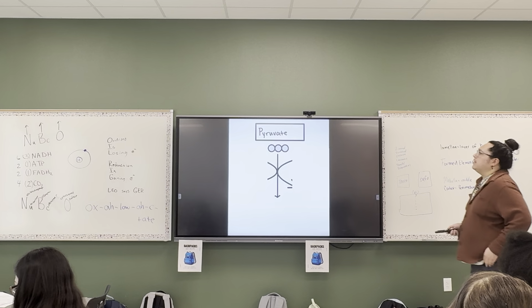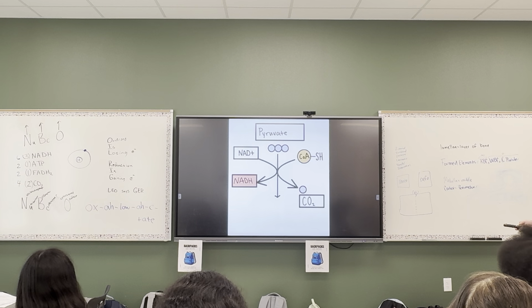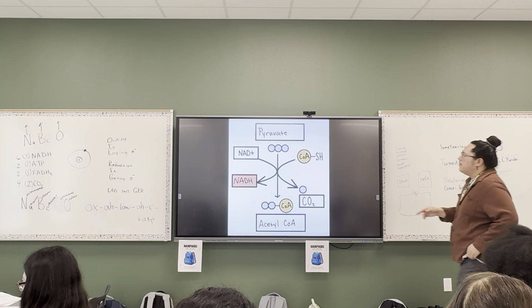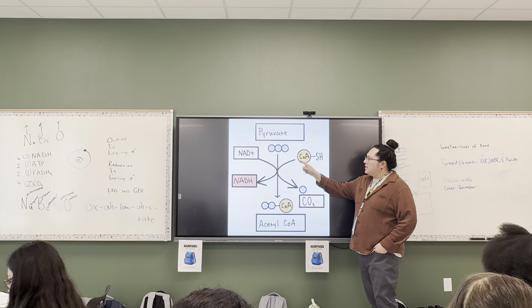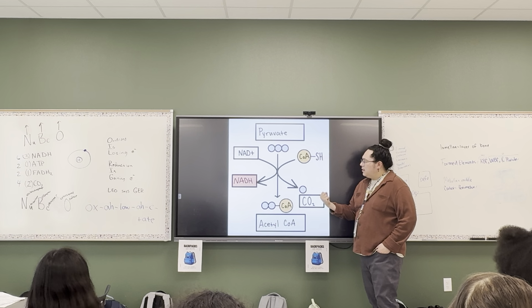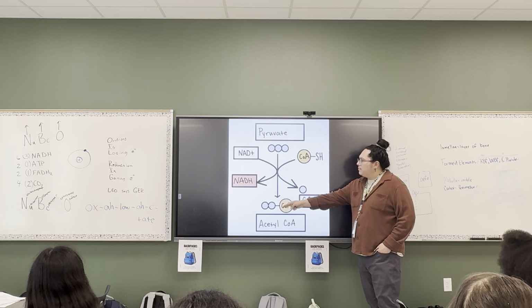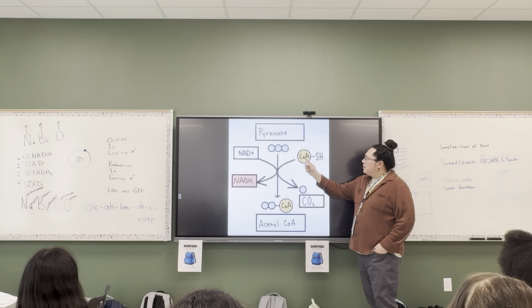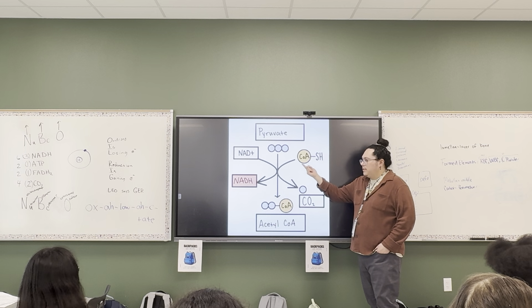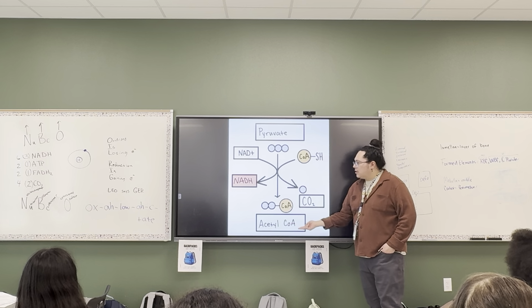So, let's go ahead and look at the steps. Again, pyruvate is decarboxylated, which means we remove a carbon in the form of CO2. And those two carbons, what do we do with them? We glue the CoA, or coenzyme A, to it to make acetyl-CoA.